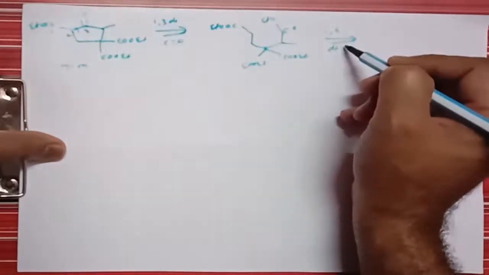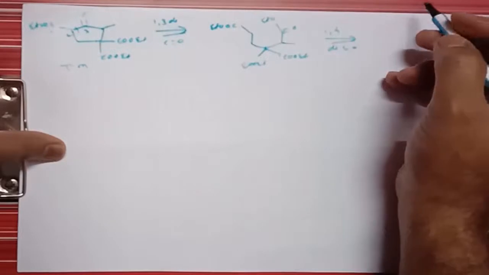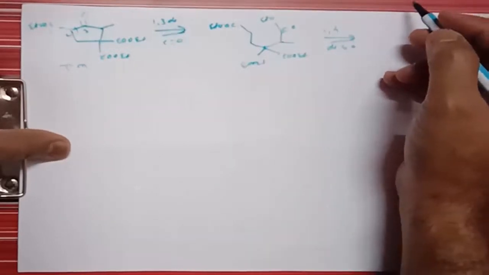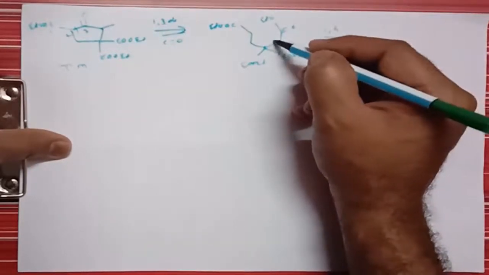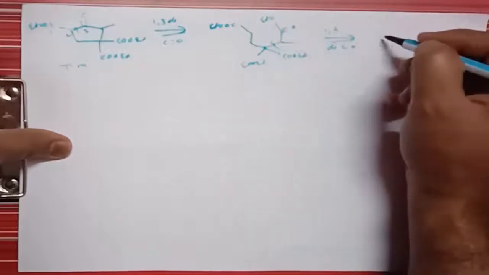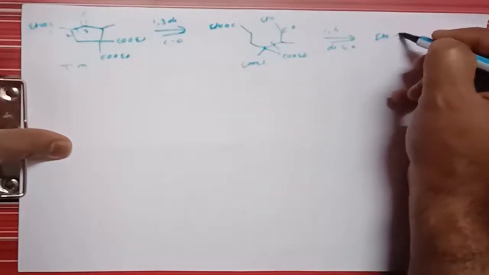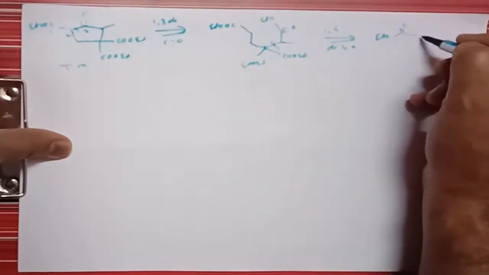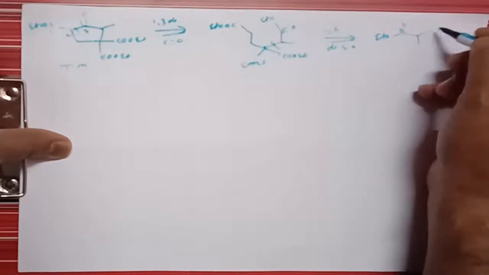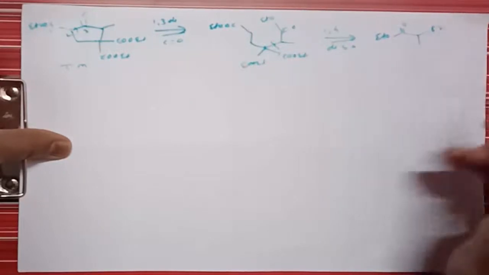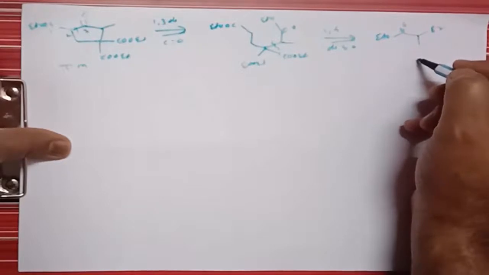Then we can break this C2, C3 bond, and after breaking, what it gives? It gives a bromoester, that is EtOCO, CH2, CH3, Br, right? And along with, what it gives?